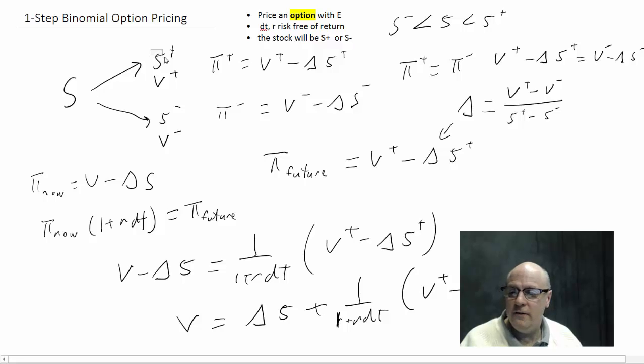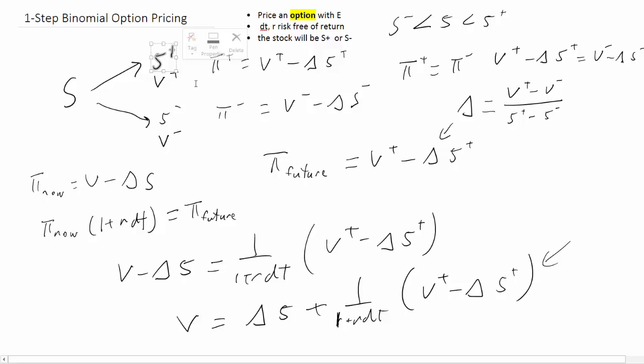So let's do the first thing here. Let's say that this S plus, how do we get S plus? We take our stock price and multiply it by some number, U for up. So the S plus I'm just replacing with SU, S times U. Like if it goes up 10%, the U would be 1.1.